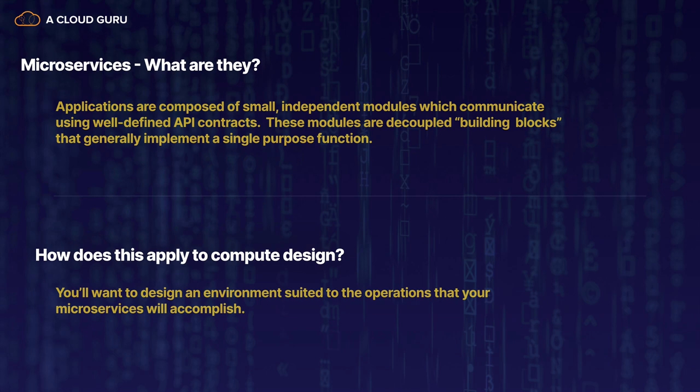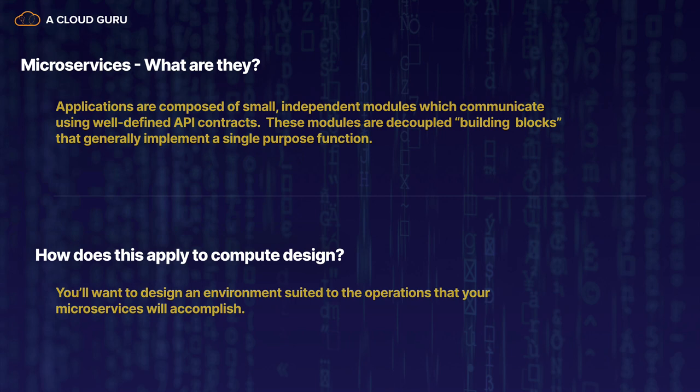Basically, all these little functions that you can put together and create with a larger purpose, right? So they're little programming Legos. And for compute design, of course, you're going to want your environment to support the sort of operations that your microservices are going to be built to do.